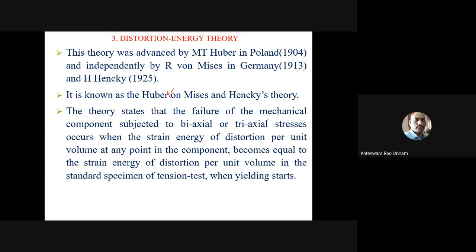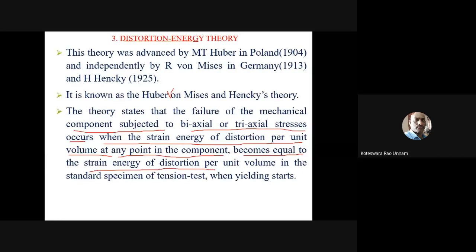The theory states that the failure of mechanical components subjected to a biaxial or triaxial state of stress occurs when the strain energy of distortion per unit volume, which we'll call the distortion energy, that is nothing but the strain energy density of distortion, at any point in the component becomes equal to the strain energy of distortion per unit volume in the standard specimen of tension test when yielding starts.